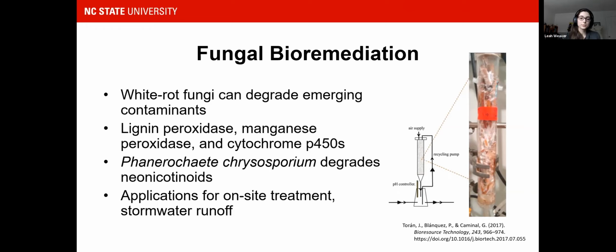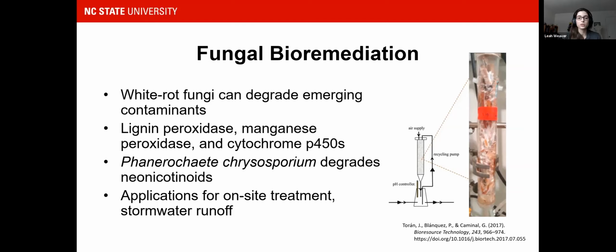Now, while neonicotinoids have been degraded, so we know this technology works, this particular group of contaminants has not been closely studied. So we're really interested in understanding which of these enzymes are most important, how much they contribute, and also looking at some more non-traditional systems.